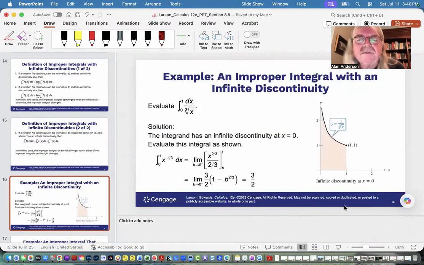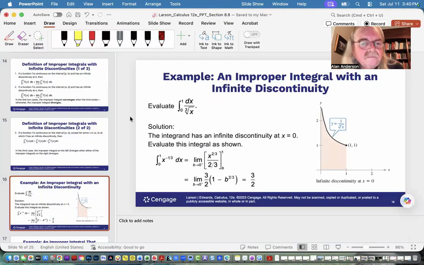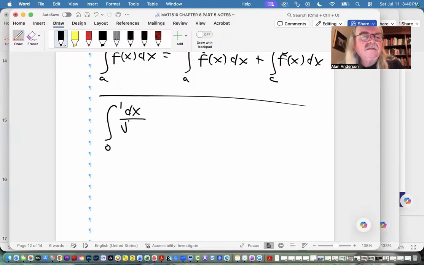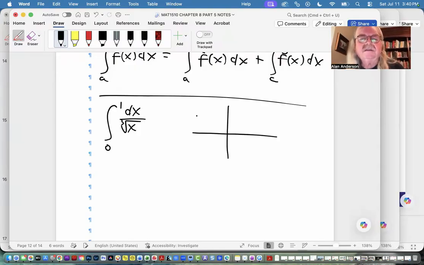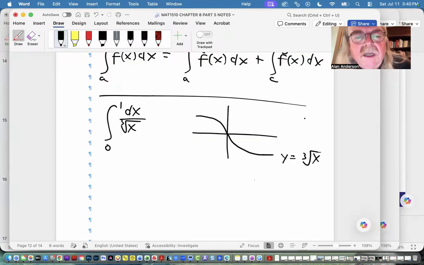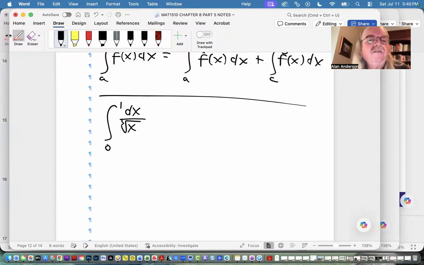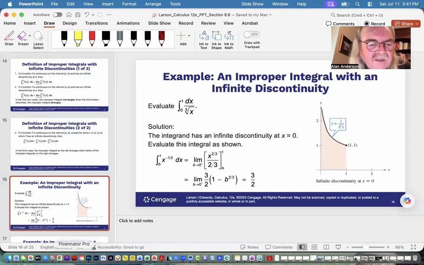Okay, so let's see some examples. From 0 to 1, dx over the cube root of x. Now the cube root of x looks something like this. Oh, you know what I just realized? That's not the cube root, it's one over the cube root. Okay, never mind. In fact, why don't we go to Symbolab and see what it has for this?